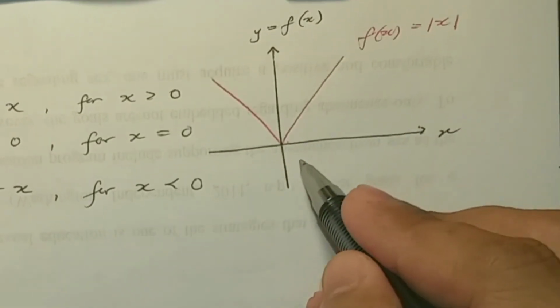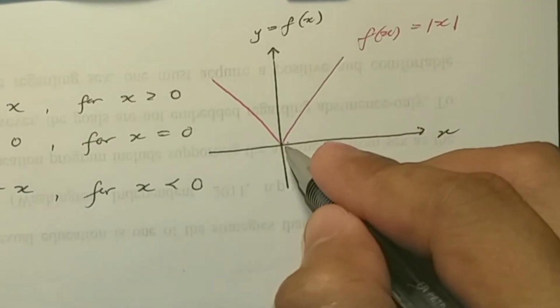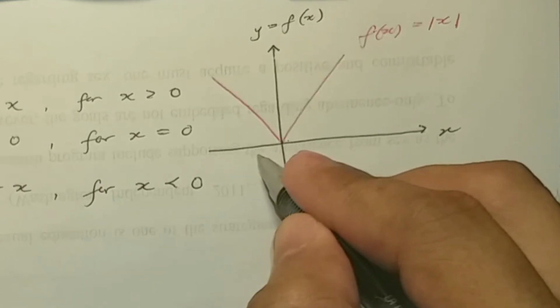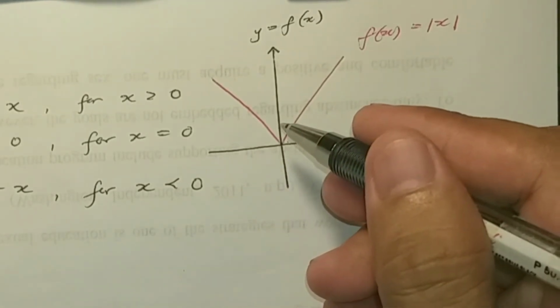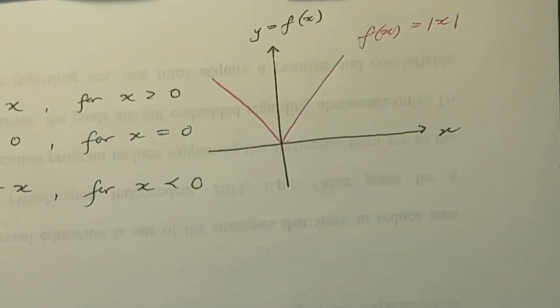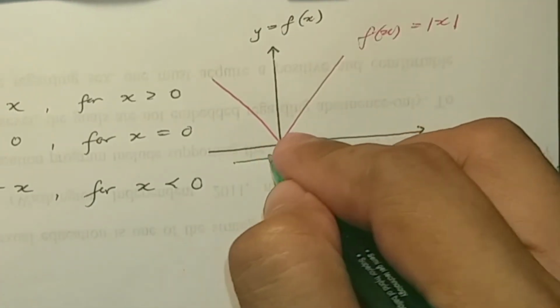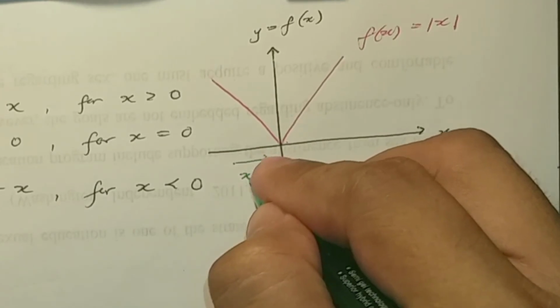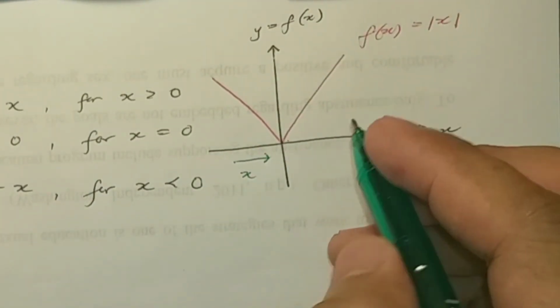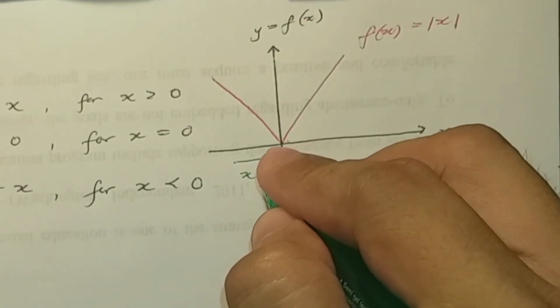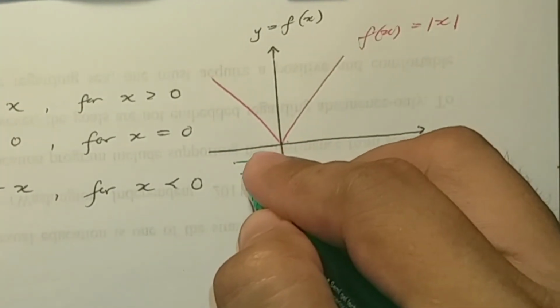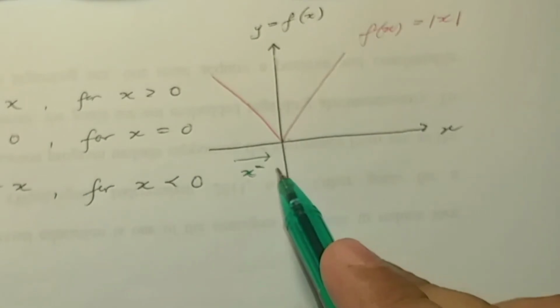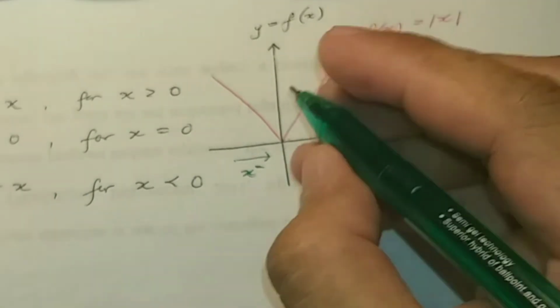Observe that as x approaches 0, coming to the left, so let's have x minus. Here's 0.